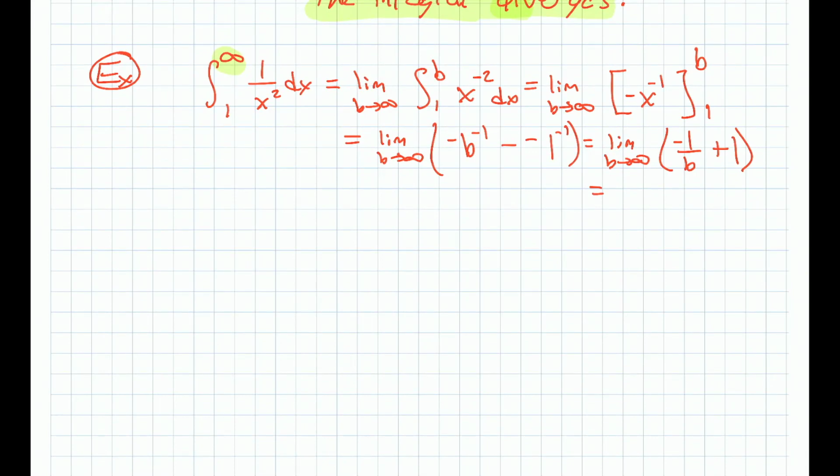What's that limit going to be? When b goes to infinity, you're going to have 1 over infinity. 1 over infinity is 0. We already talked about that. So 1 plus 0, so you get 1, right? So the integral converges to 1.